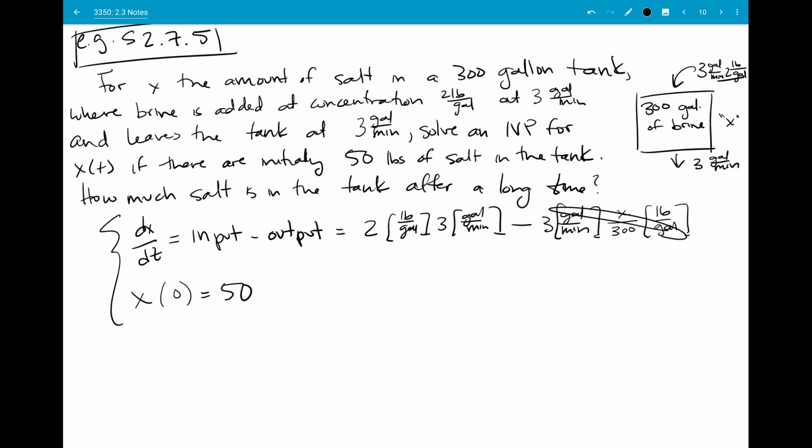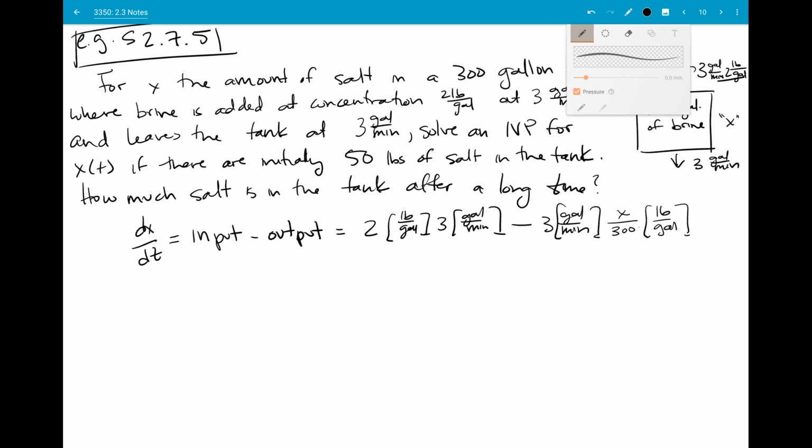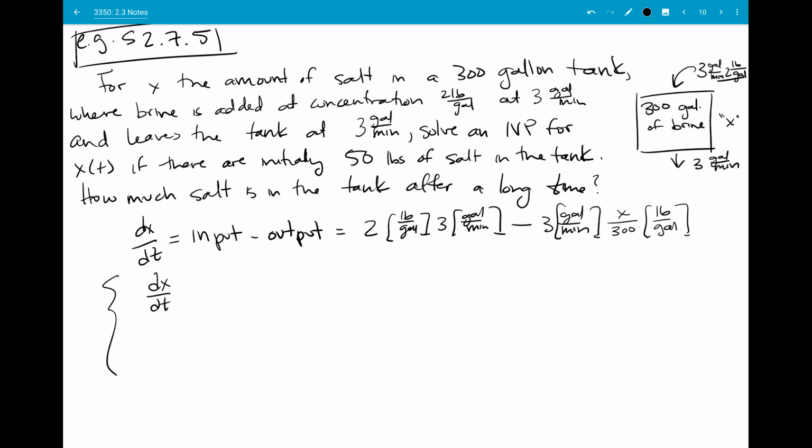And we can unit check this. The gallons cancel out, and you're again left with pounds per minute. So what I'm actually going to do is just move our whole thing down a little bit so we can see it all in one place. So we've got that dx/dt should just be equal to 6 minus x over 100, with x(0) equal to 50.